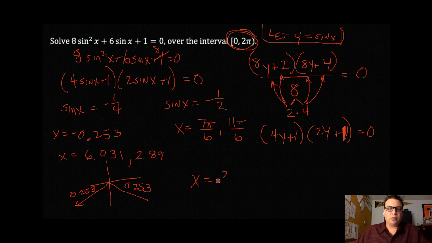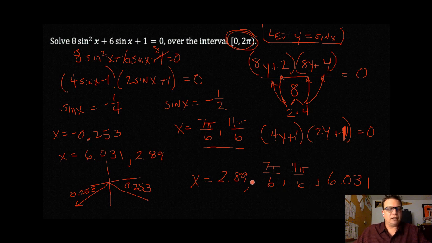So this would be 2.89. And then 7 pi divided by 6 is 3.67. Whenever possible, leave them in the values that are exact, because again, these are approximations. Okay. And then 6.031.